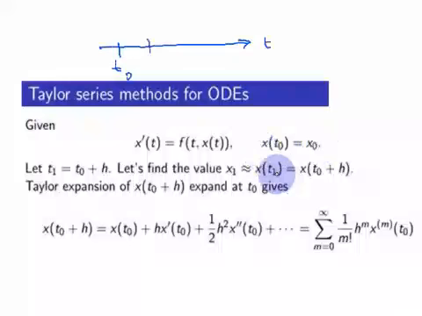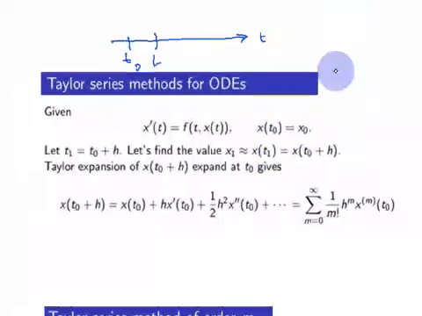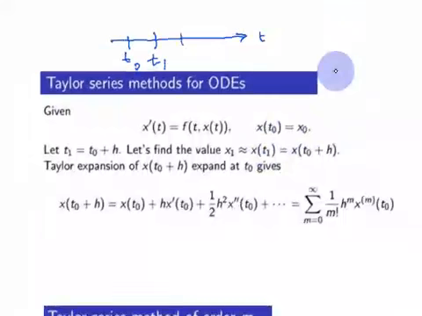This is your t1, and t2 and so on. Let's assume the gap between any two consecutive points is h.